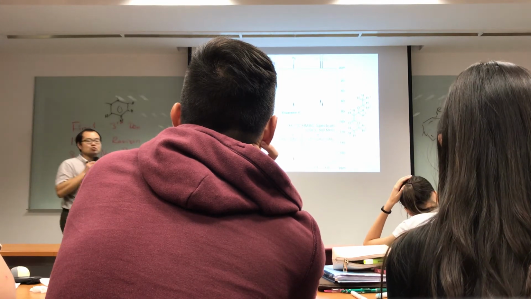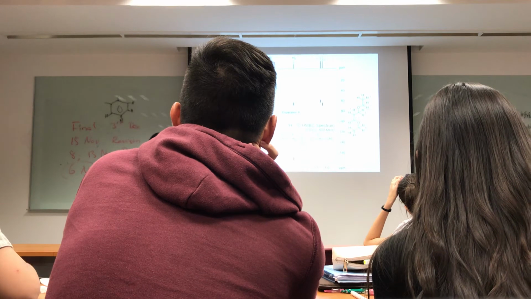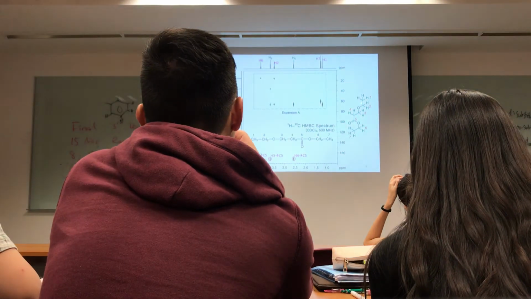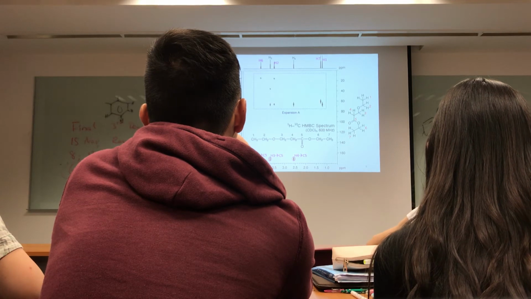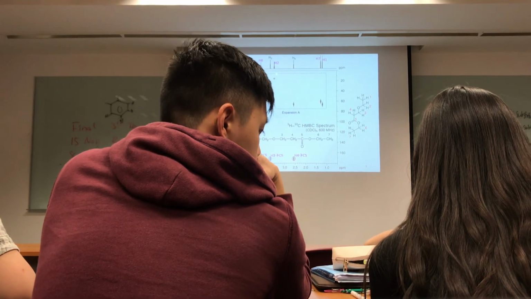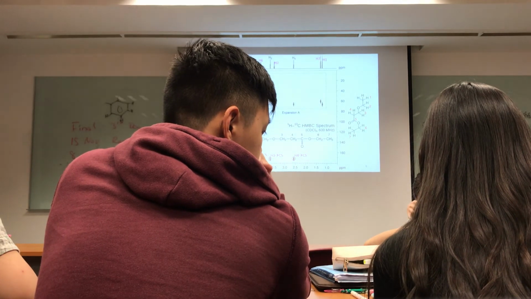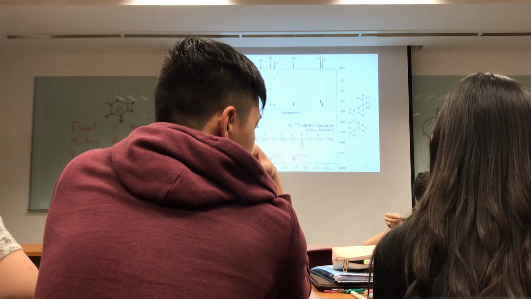But now we will do analysis on 2. By analysis we will see proton 2 will see carbon 1, right? We will see carbon 3. Now you see, this is proton 2. Here is 1. Here is another one, right?